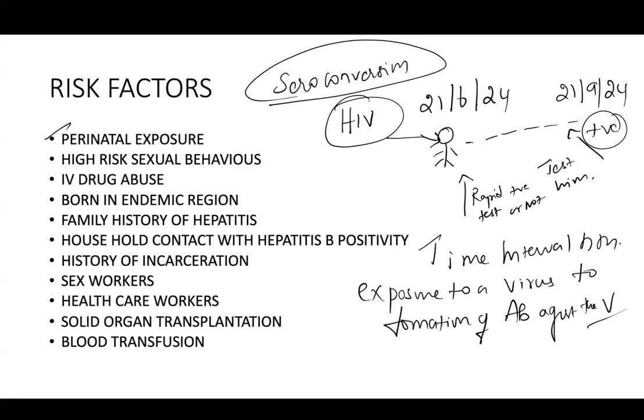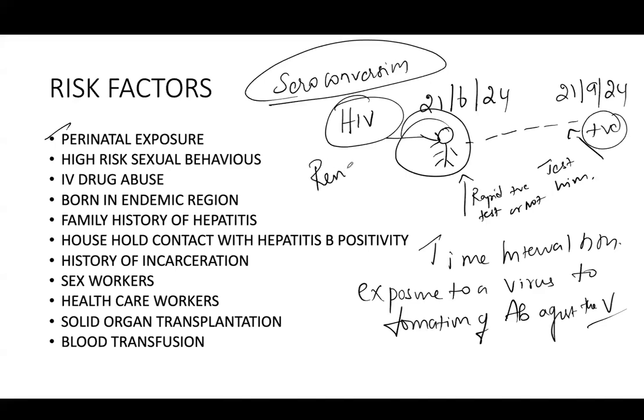Clear? I hope your doubt is clear. No one should have any doubt about the seroconversion. This seroconversion can be delayed in some individuals who have an immunocompromised state. For example, the same guy who had a misadventure or an adventure with people in Thailand and Pattaya, okay, the same guy is immunocompromised.